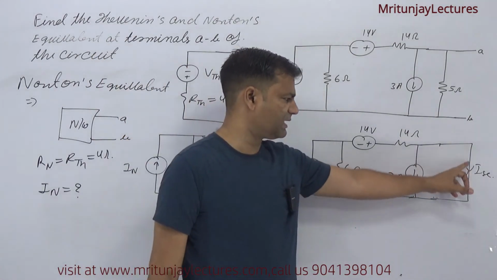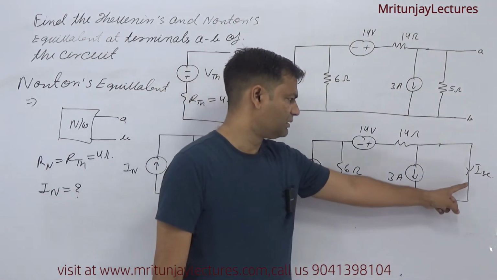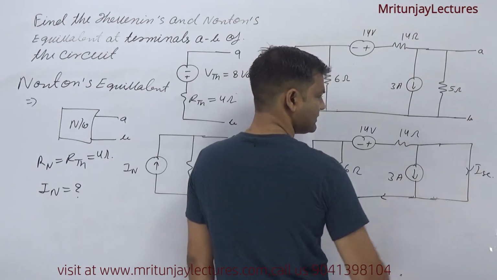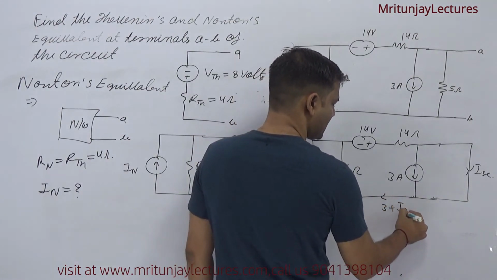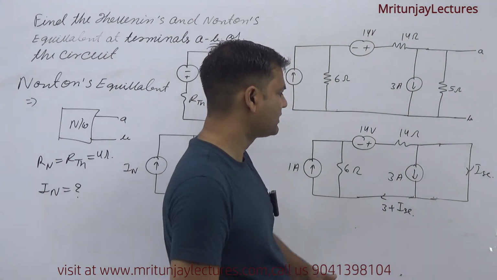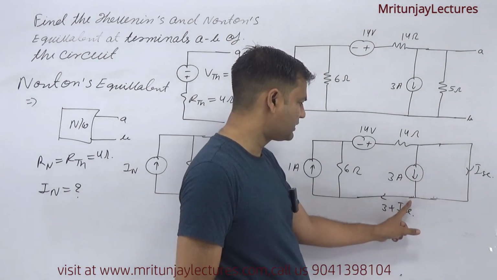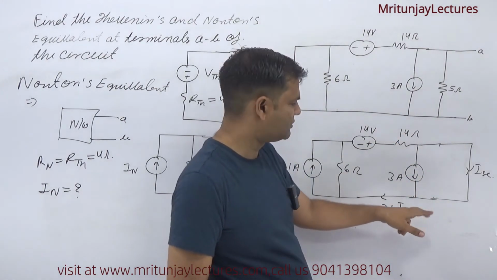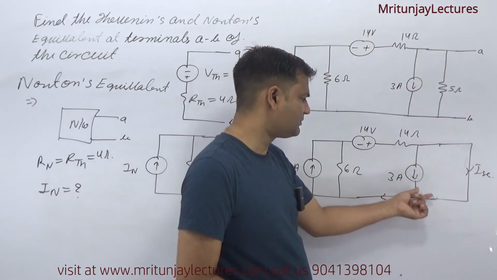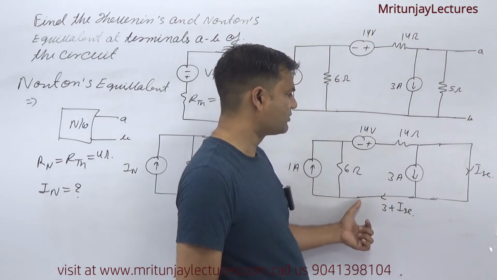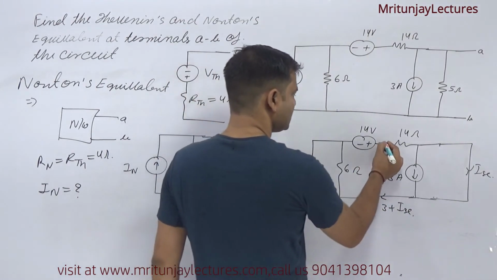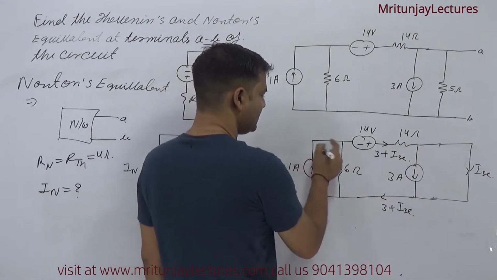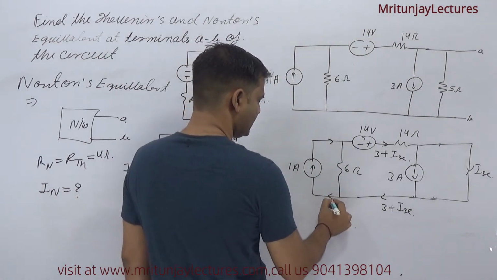Now our motto is to determine ISC. If you apply KCL, the incoming currents are 3 and ISC, so the outgoing current here is 3 plus ISC. The sum of both currents goes downward, so this same current, 3 plus ISC, goes through here. Now 1 ampere current here, 1 ampere current here.